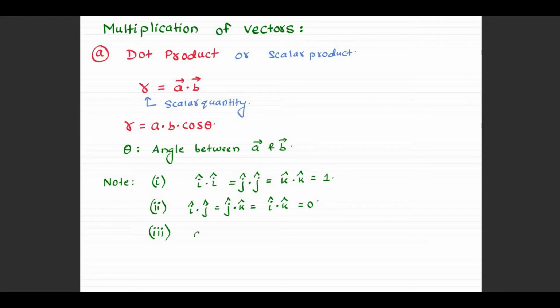Third, A vector dot A vector should be A square. Also, A dot B is 0 if A vector is perpendicular to B vector. That is quite evident because then it will be A into B into cos 90. Cos 90 is 0, right?